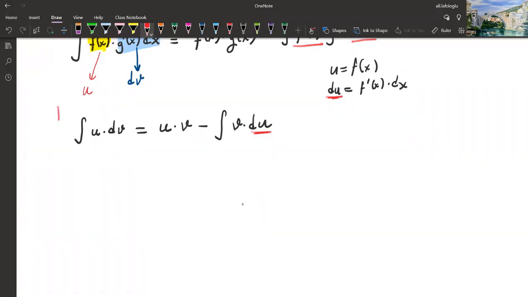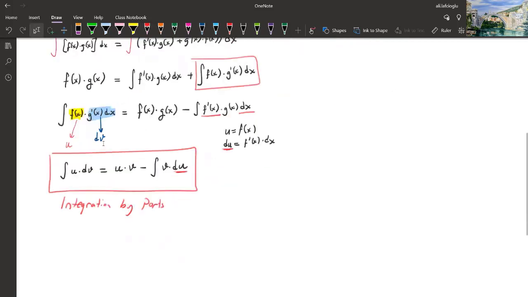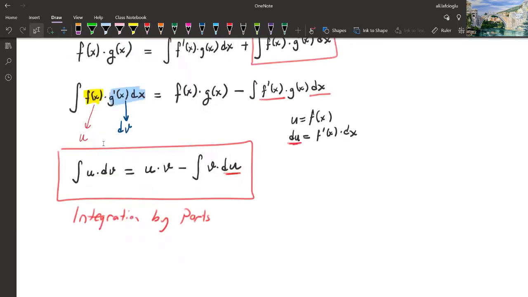So this is known as the integration by parts method. Just in order to make it simple, I will call f of x the u function, but u and v, both of them are functions in terms of x. So I gave that name, f of x is u. If f of x is u, look at the right hand side here, du will be equal to f prime of x dx.